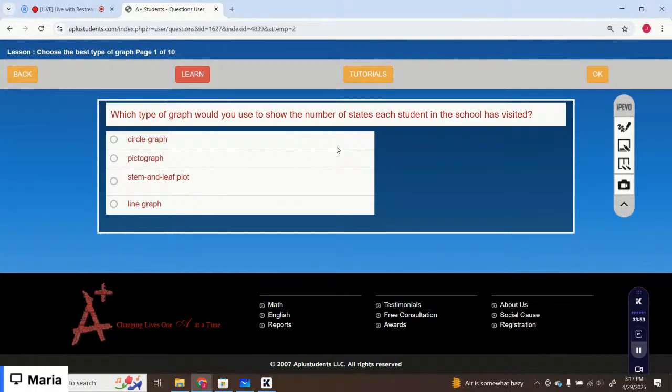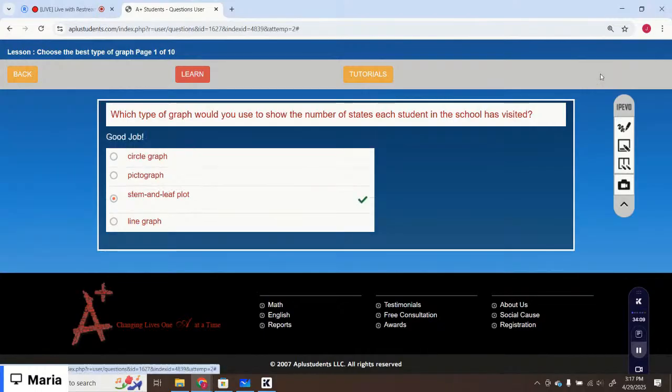So when you have to represent the number of states each student has visited, you can use the stem and leaf plot. When you have so many numbers to represent, you can use a stem and leaf plot.